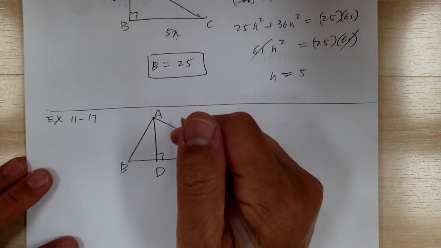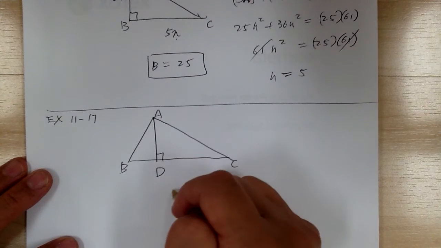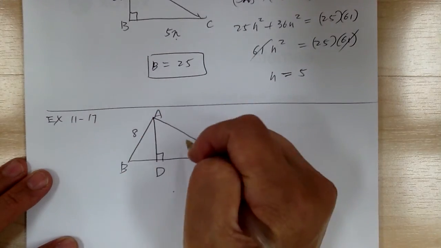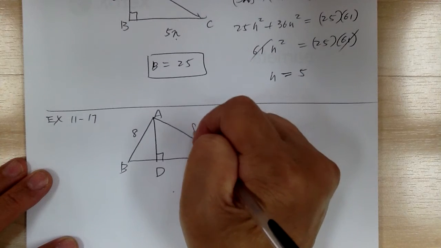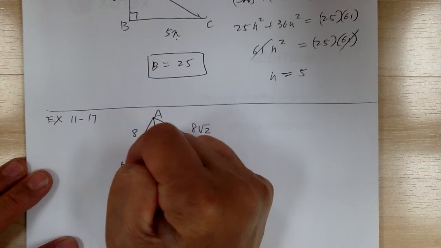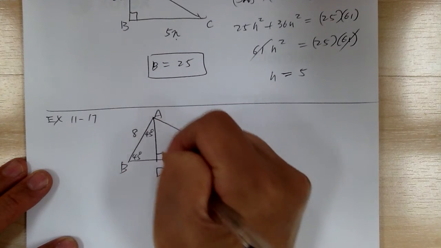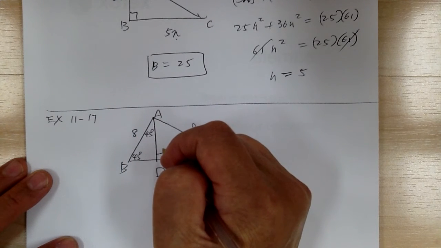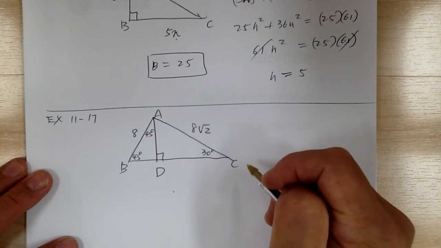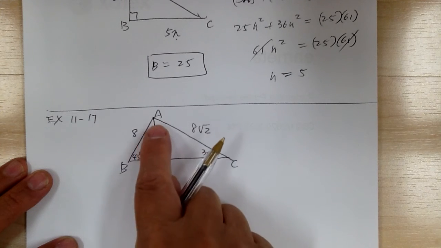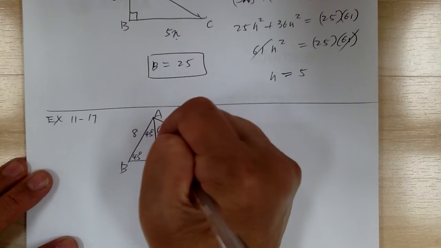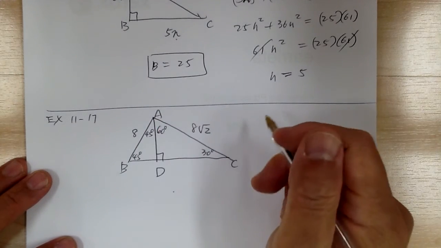From the side BC, you're looking for this up here, BC, of the triangle ABC, if AB equals 8, and AC equals 8 square root of 2, and angle ABC equals 45 degrees, and angle ACB equals 30 degrees. Now for this one, do not assume that this is a 90 degree over here. But this is 30, so this would be 60, right? So this is not too bad.